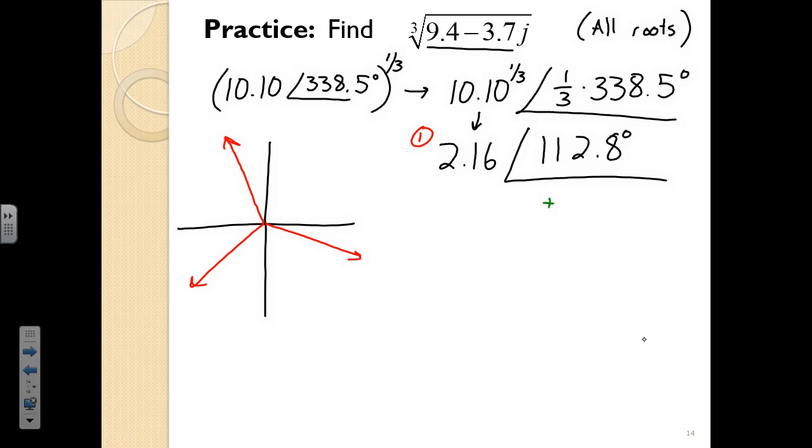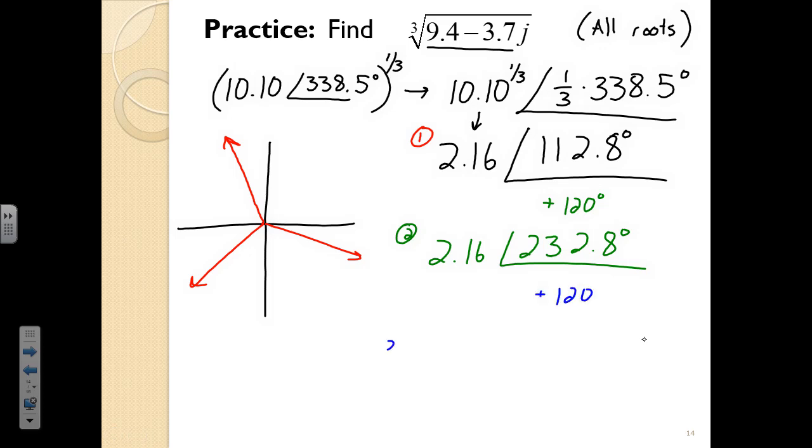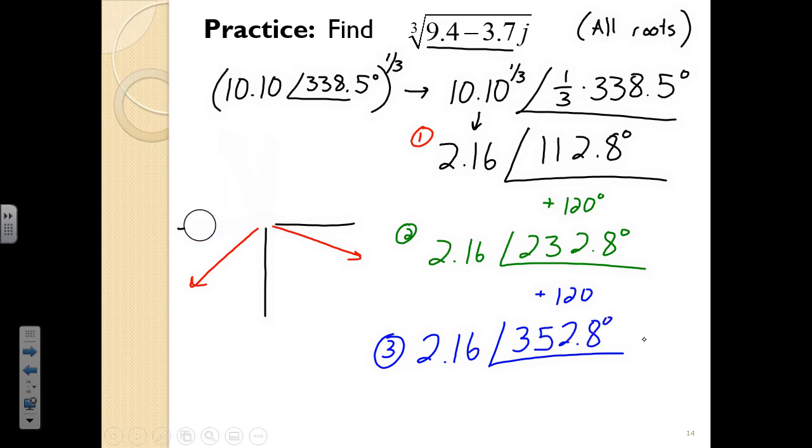Well, if we add 120 degrees to the one that we already found, we get our second root, which is 2.16 at 232.8 degrees. And if we add 120 degrees to that, we get our third root, which is 2.16 at 352.8 degrees. There they are in polar form.